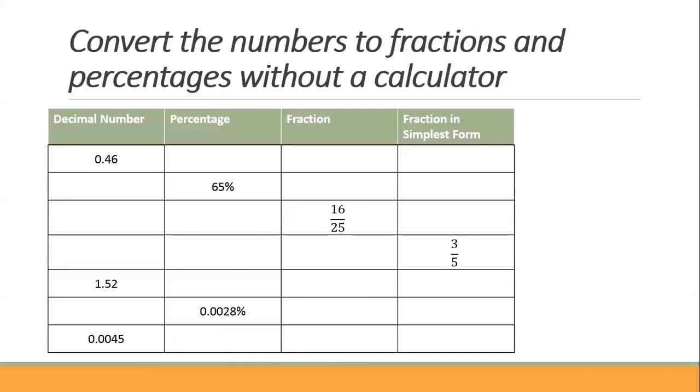Converting fractions and percentages without a calculator. So a percentage is our amount over 100. We know that this decimal number is 46 hundredths, so we can write this as 46 over 100, which turns out then that our percentage is just going to be 46%. For a fraction in simplest form, we have 46 over 100.